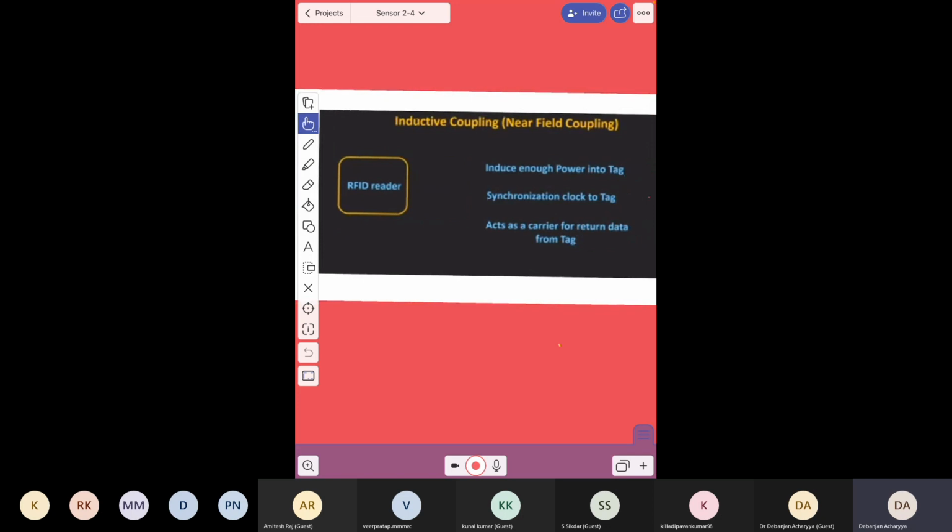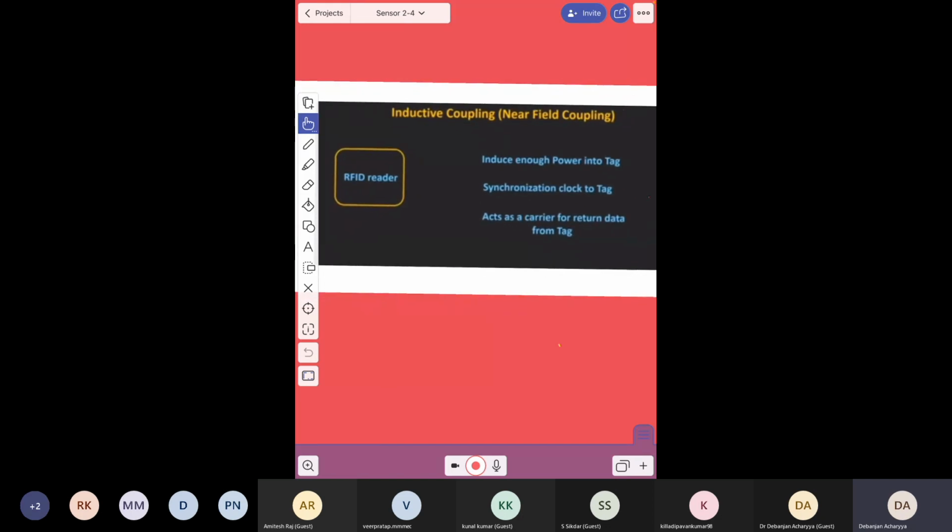Okay, the inductive coupling method, which is used for the low frequency range, consists of three things that the reader is actually doing. First is to induce enough power into the tag. It will send a radio wave that provides enough power for the working of the tag, and then it will synchronize the clock to the tag.